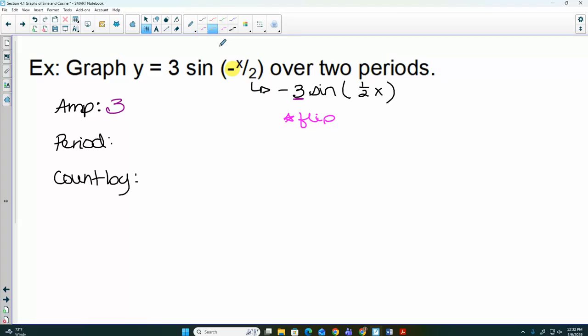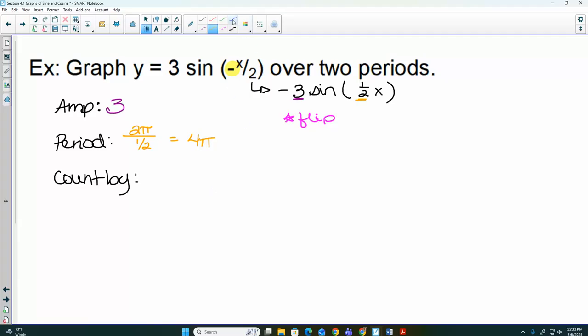Period. How long does it normally take sine and cosine until they start repeating? 2 pi, because that's how far it takes to go all the way around the circle. So we learned yesterday to find the period, you do 2 pi divided by the number in front of x. So 2 pi divided by 1/2 is 4 pi.